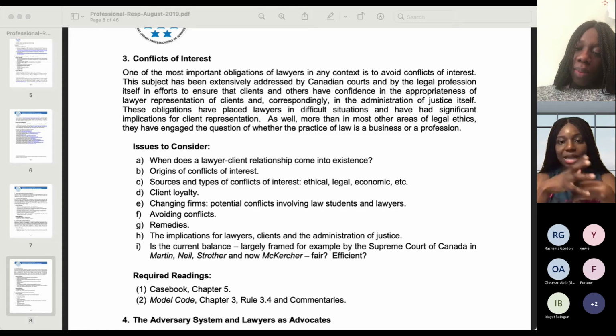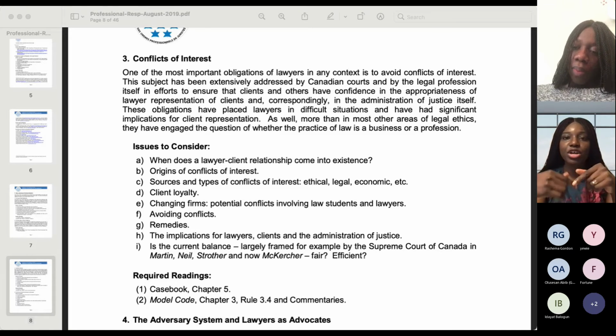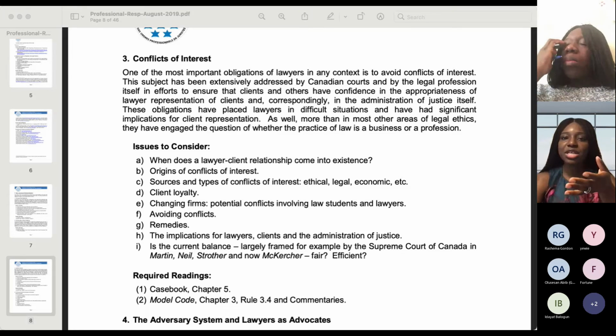So you might, for example, have a client coming to you, you take on the client, and you don't realize that that client is going up against somebody that you have represented in the past. Okay, so obviously at the beginning of when you took the client, you didn't realize that there will be a conflict of interest. So the client mentions the fact that your former client is the person on the other side, or that they're opposing your former client.